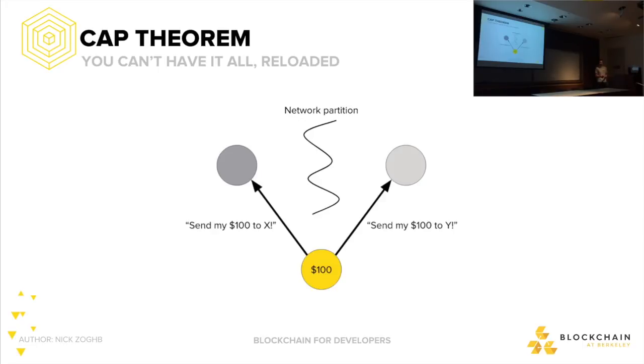What happens then? Does anybody want to guess? So say you send $100 to the network that is now partitioned.